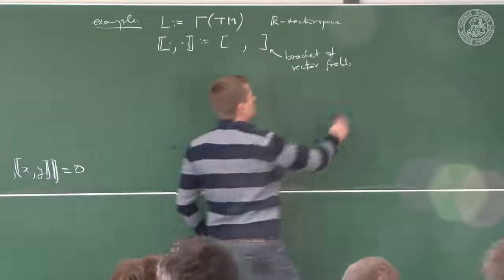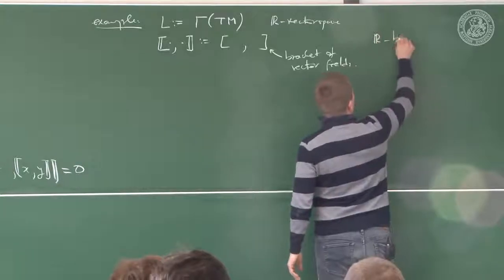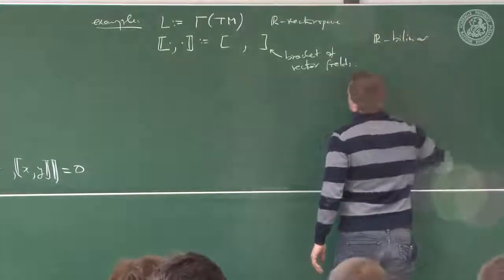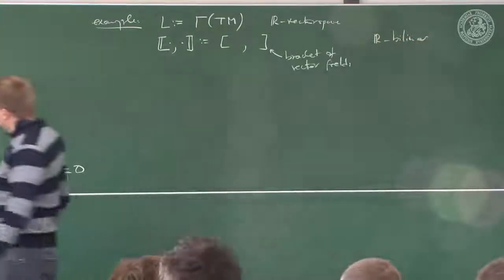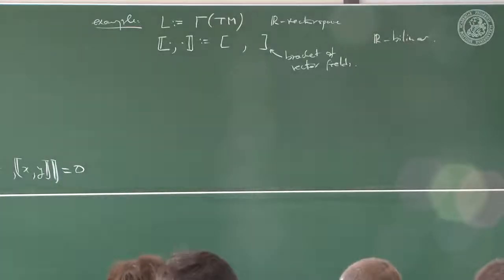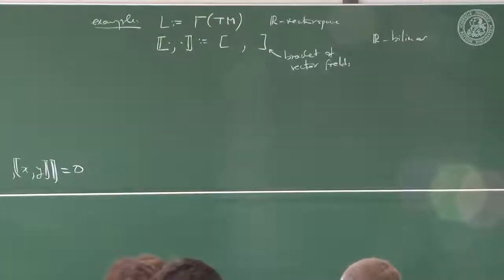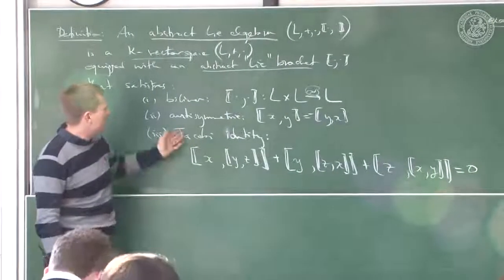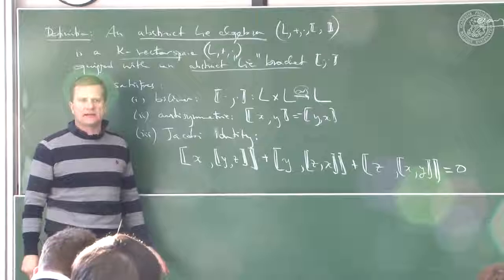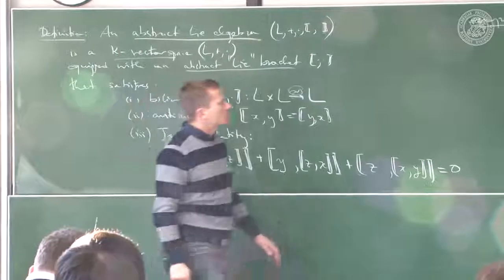So this is certainly R linear or R bilinear. And I don't know whether we checked or I had you check or we forgot, but certainly it's anti-symmetric. It's obvious from the definition of the bracket between the vector fields, and it also satisfies the Jacobi identity.